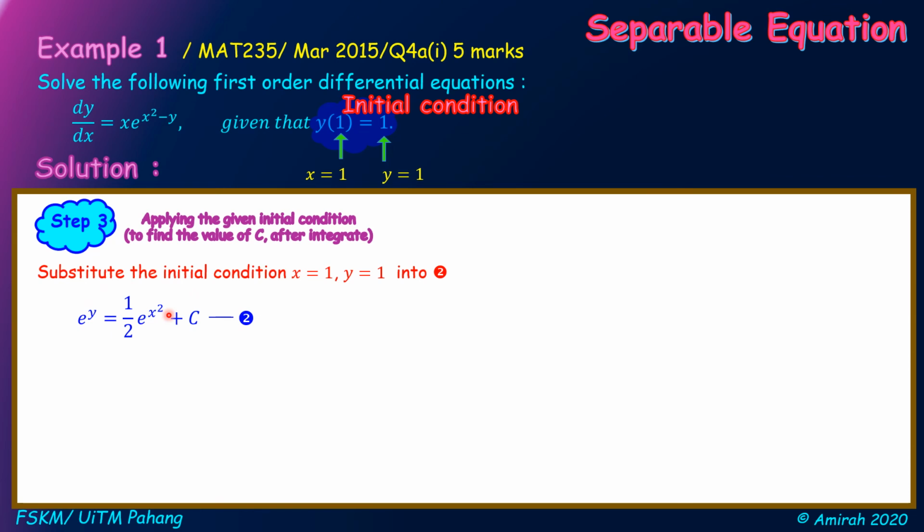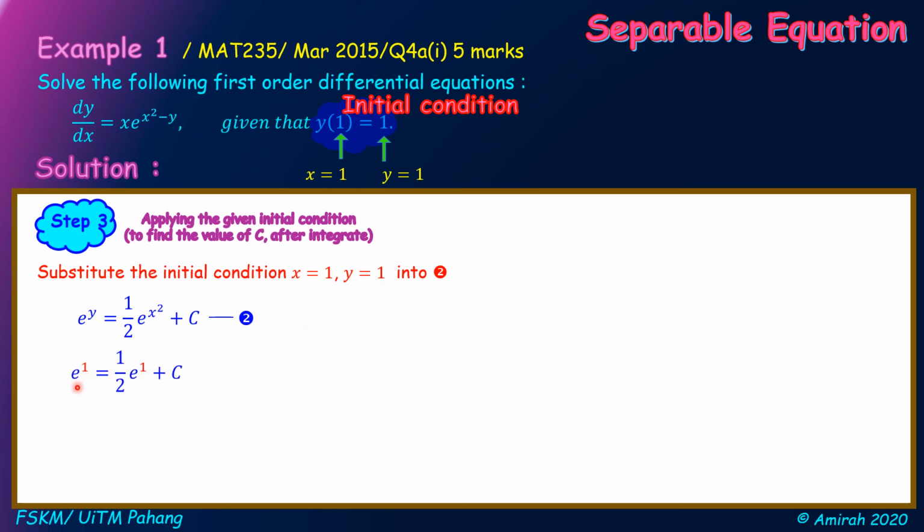But if the initial condition is given, this is not the final answer because we need to find the value of c. And to find the value of c, we need to substitute the value of the given initial condition, in this case x equals 1 and y equals 1, into equation 2.